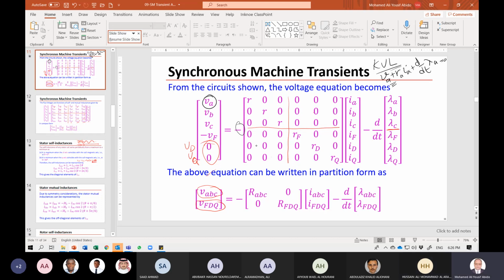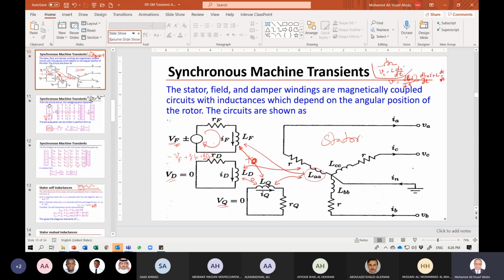For the field, you have an external source here. When you apply KVL in this direction, you can write minus VF plus RF IF plus, if L is constant, LF di by dt.